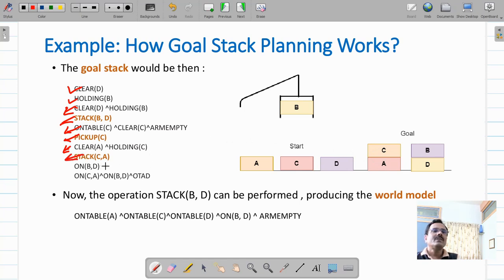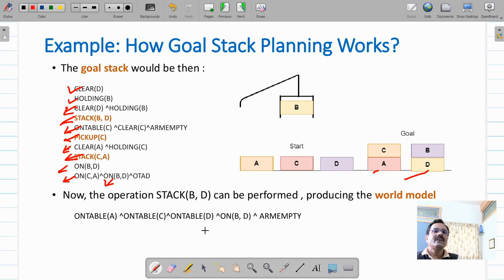Now we have on BD, which is already true. Remove it from the stack. Check the compound goal: on CA, on BD, and A and D on table. C is on A, B is on D, so that is also satisfied, and A and D are on the table. So all the conditions are satisfied, the stack is empty now, and therefore the goal state is achieved.